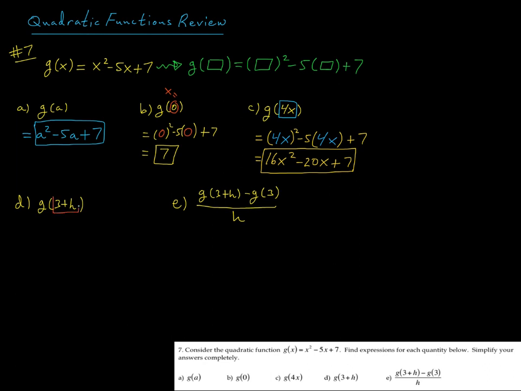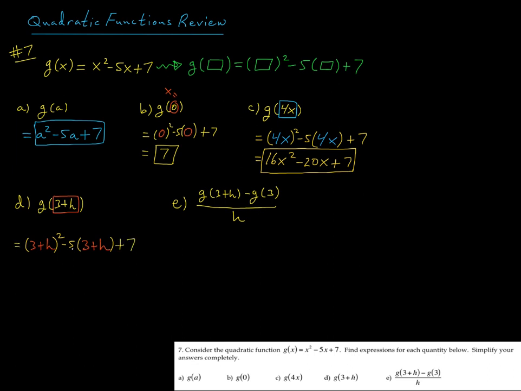Okay, so now we're inputting 3 plus h. Just like we did in c, I'm going to put 3 plus h here and here. And so what g does to the input is, well, first squares and then subtracts 5 times that input and then adds 7.